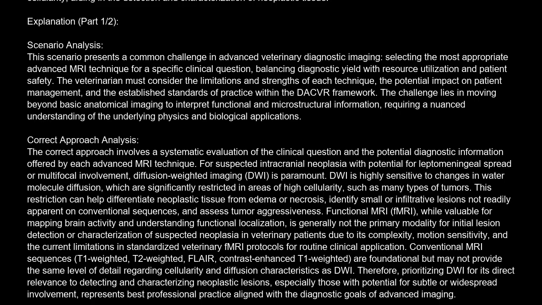Conventional MRI sequences, T1-weighted, T2-weighted, FLAIR, contrast-enhanced T1-weighted, are foundational but may not provide the same level of detail regarding cellularity and diffusion characteristics as DWI. Therefore, prioritizing DWI for its direct relevance to detecting and characterizing neoplastic lesions, especially those with potential for subtle or widespread involvement, represents best professional practice aligned with the diagnostic goals of advanced imaging.